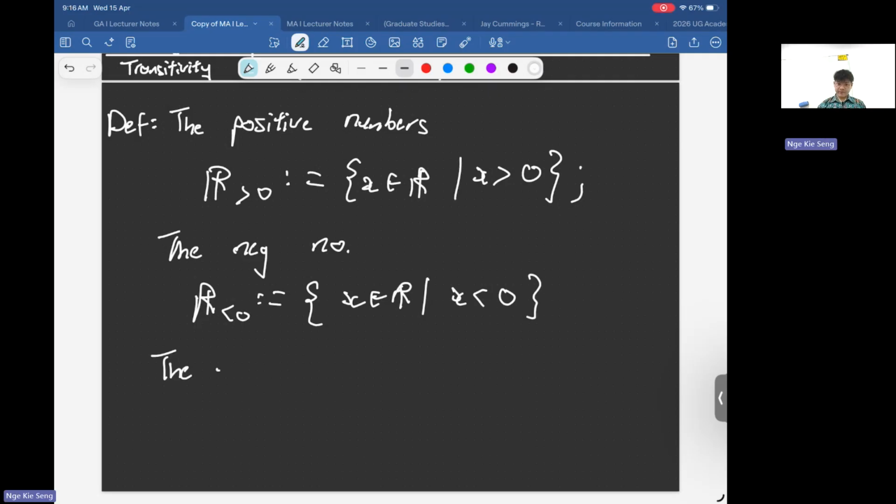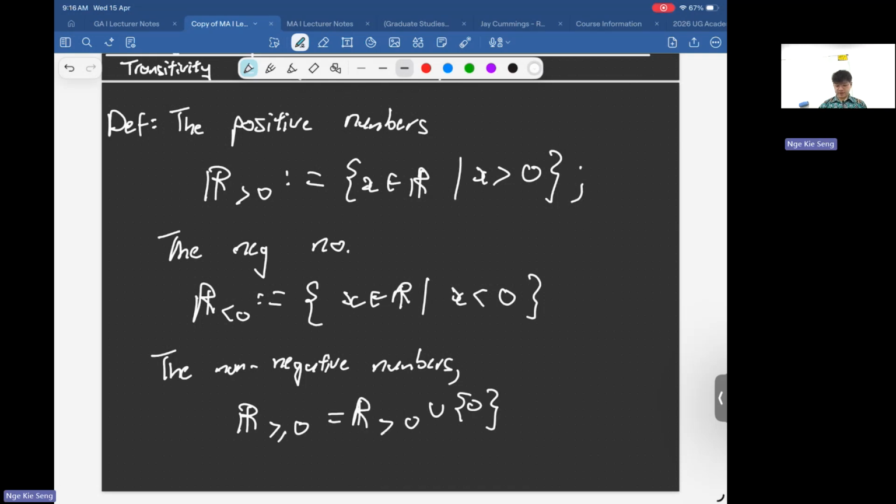How about non-negative? Non-negative means the numbers that are not negative, so these are the positive numbers plus 0. Similarly, you can define the non-positive. Can you tell me what the non-positive numbers are? R less than or equal to 0. By symmetry, you should be able to write this down.